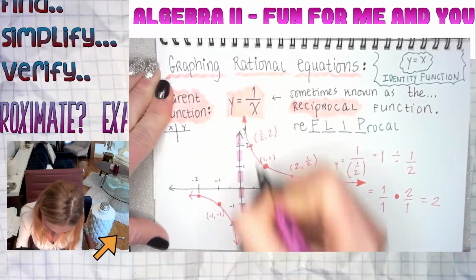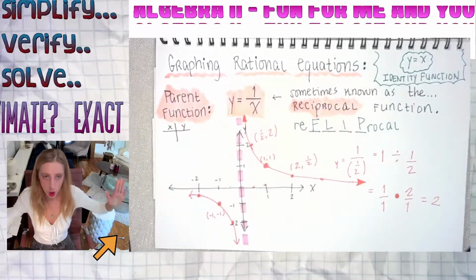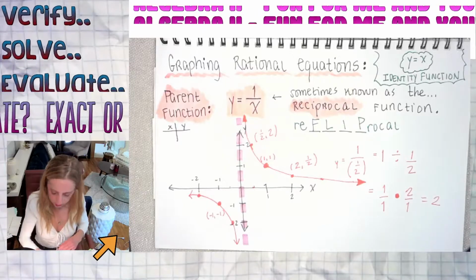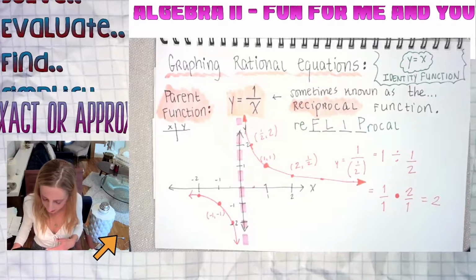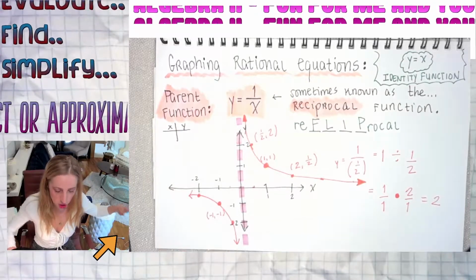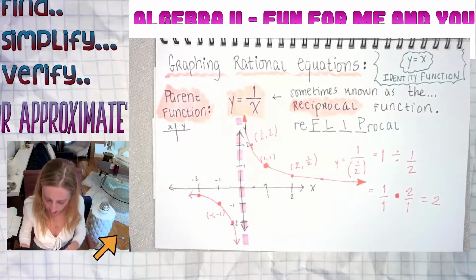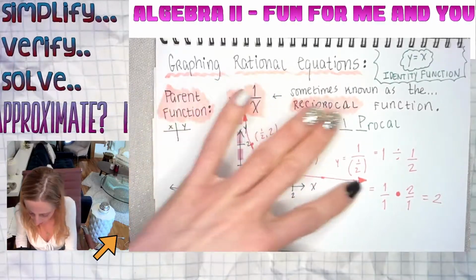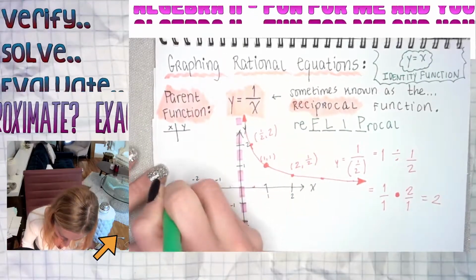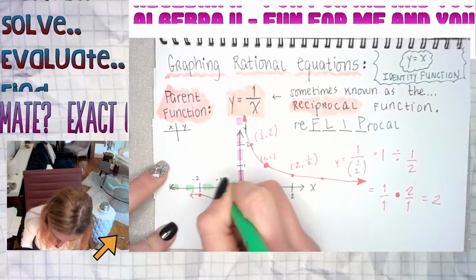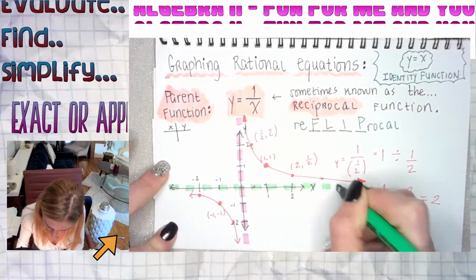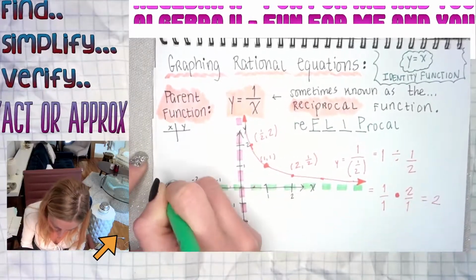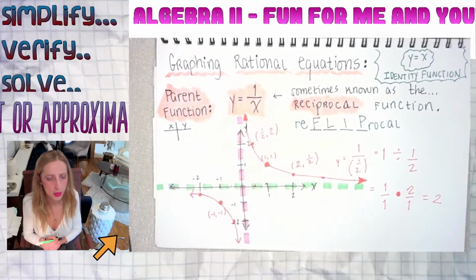I want you to think of this like caution tape, like when the custodians have to clean something that broke, they might block it off with caution tape so you're not allowed to go there. I'm going to draw another dashed line over here, but in a different color, and you're going to think of that as caution tape as well. These are special dashed lines. They have a special meaning, and we're going to learn more about them.